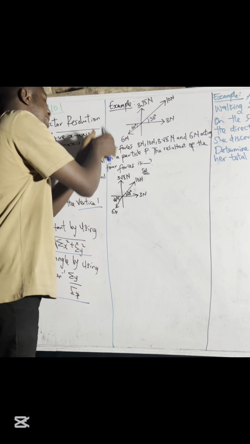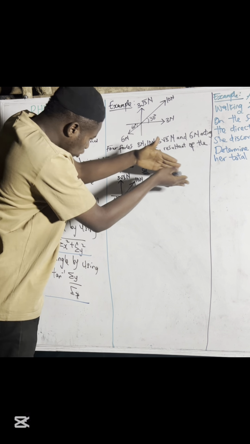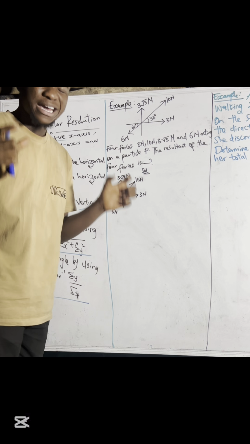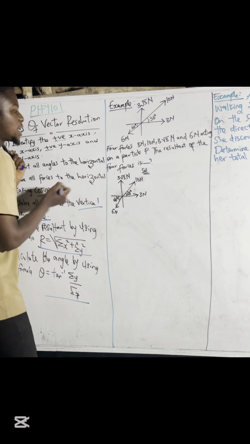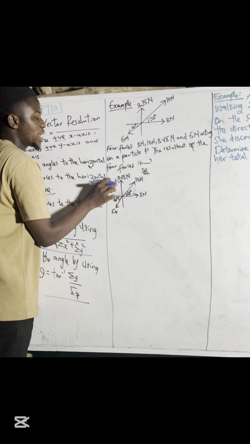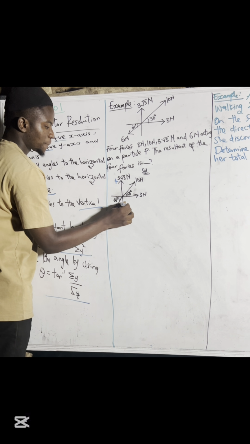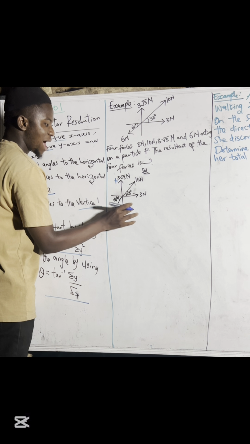Guys, the vertical direction are the y-axis, while the horizontal direction are the what? X-axis. So, if it is going upward, we will put plus there. So, going upward, that is a positive y direction, but going down, this is the negative y direction.